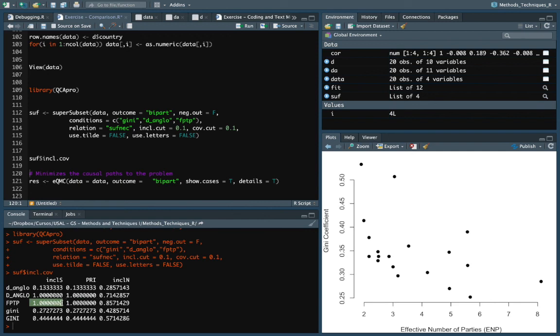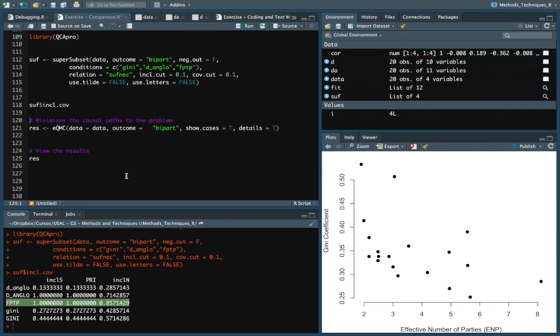In the case of first past the post, 85.7% of the bipartisan cases are first past the post, and 71.5% of all bipartisan countries are Anglo-Saxon. So the best candidate would be first past the post.